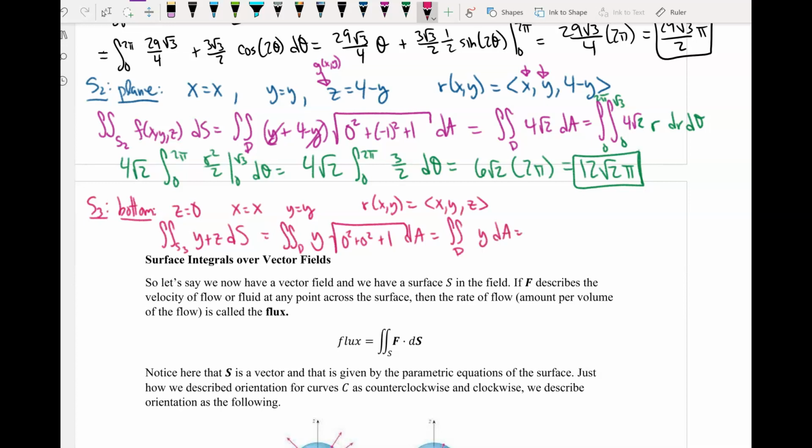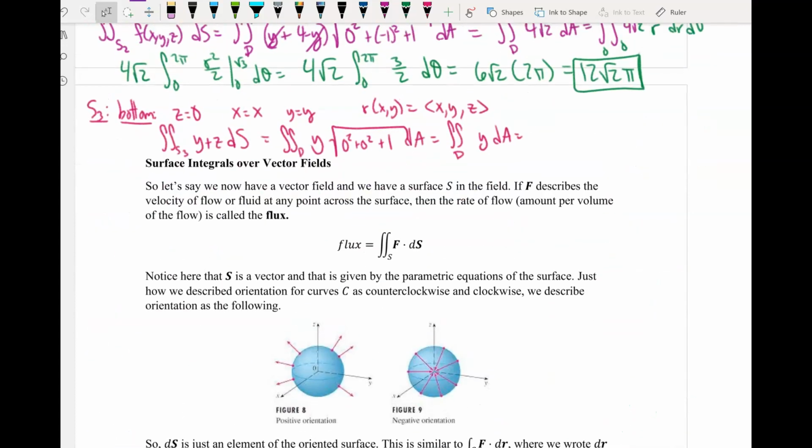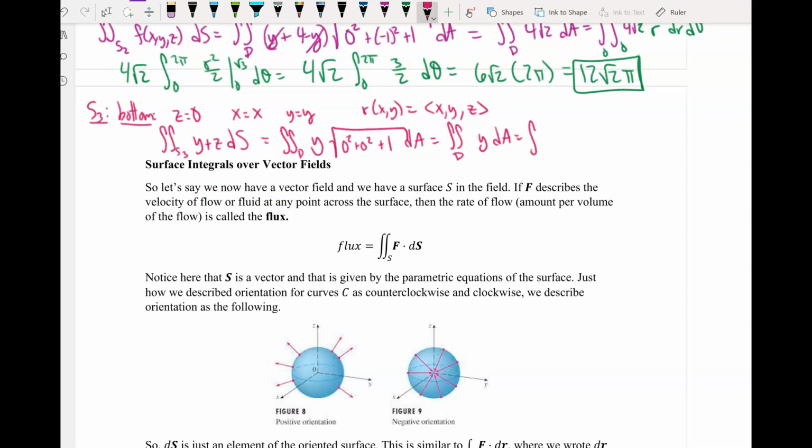And then because we're looking at a circle of radius square root of 3, we're going to convert to polar again. So this is the double integral from 0 to square root of 3, and then 0 to 2 pi, of r sine theta times r d theta, so it's r squared sine theta dr d theta.